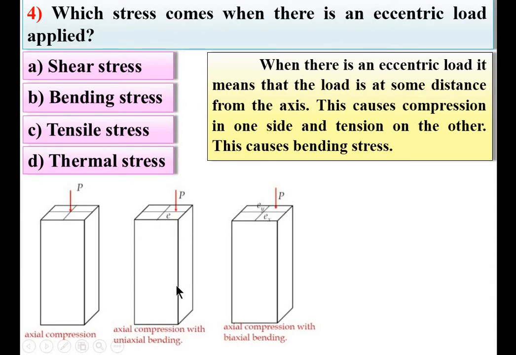Look at this figure. Here this is the centroidal axis of this element. If the load is applied here, it is called a direct load. If it is applied with some eccentricity to the centroidal axis, it is called an eccentric load. Here the eccentricity is only on one axis, so it is called compression with uniaxial bending.